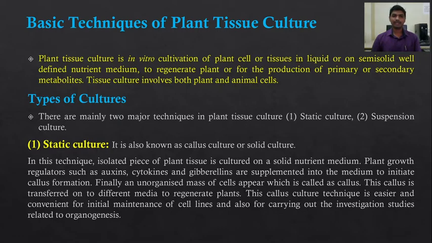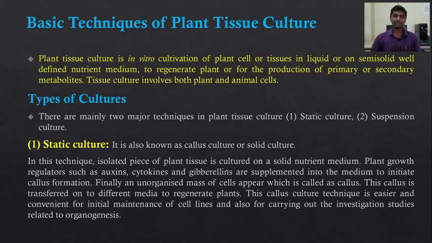When the culture medium has a high concentration of auxins than cytokinins, it induces root formation. So the shoot and root formation from the callus for regeneration of the plant is carried out by transferring the callus onto shoot initiation and root initiation nutrient media.